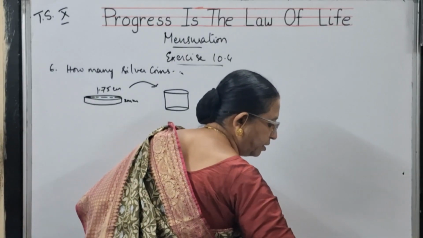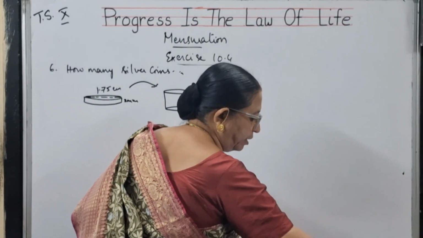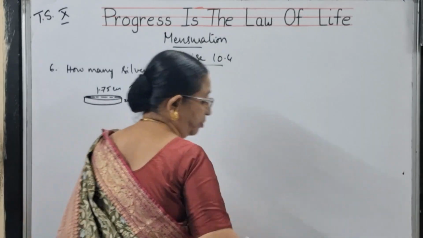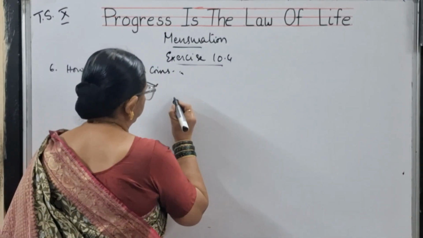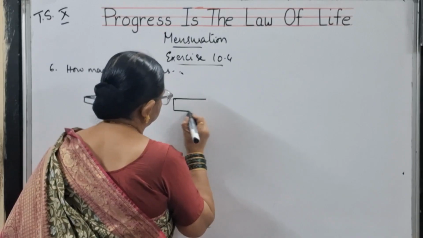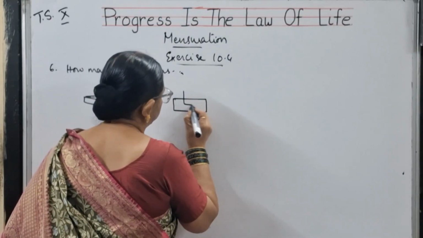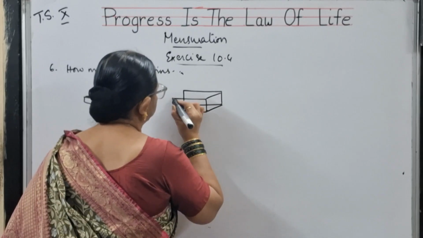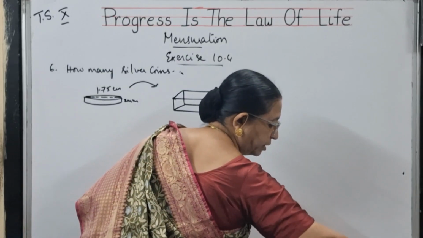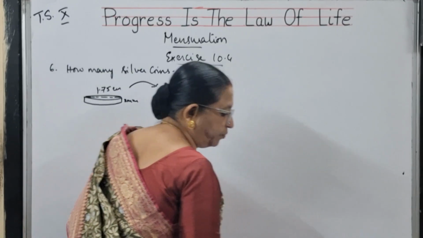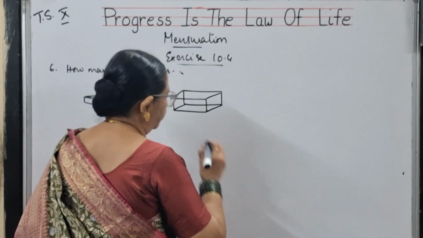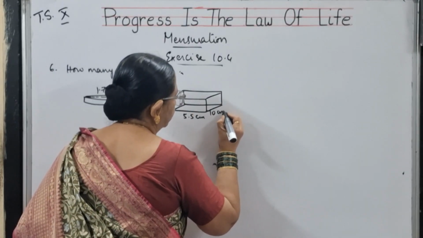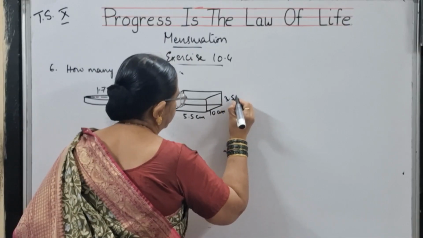So what is the size of the cylinder? They said melted to form, not cylinder, cuboid. This is melted to form a cuboid, and this cuboid has got dimensions 5.5 centimeters, 10 centimeters, 3.5 centimeters.